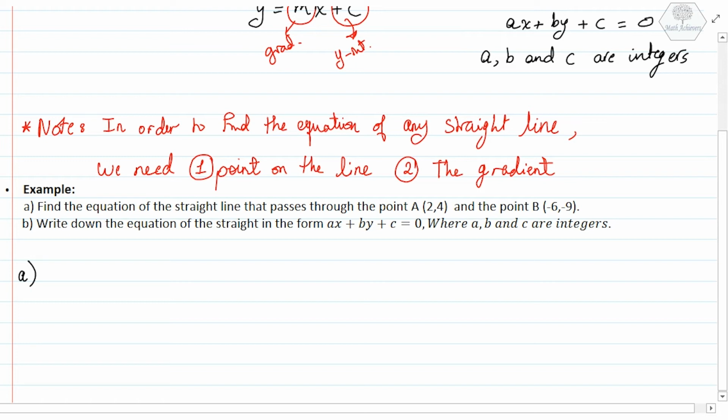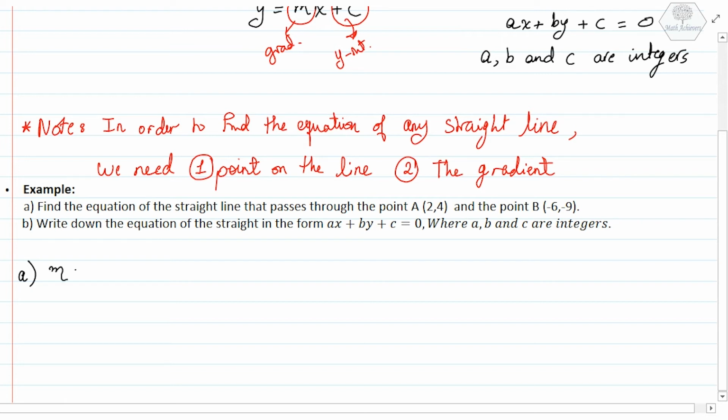Now, the first thing I want to make sure, do I have a point? Yes, I have. I have 2 points instead of 1 point. Do I have the gradient? No, I don't. So I need first to find out the gradient.